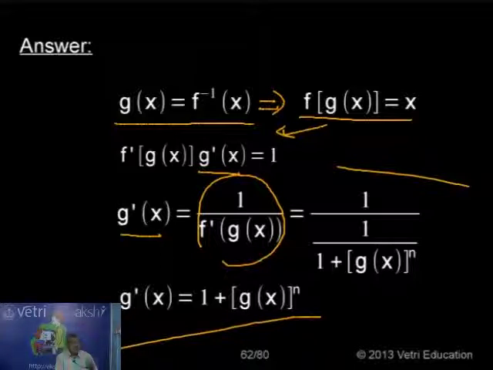Now, you can ask one question: can you give some function at random and verify this? Yes, you must give a proper function satisfying the given condition, that f'(x) is 1 by 1 plus x power n. You can choose one function satisfying the condition, and automatically we can verify g'(x) is 1 plus g(x) power n.